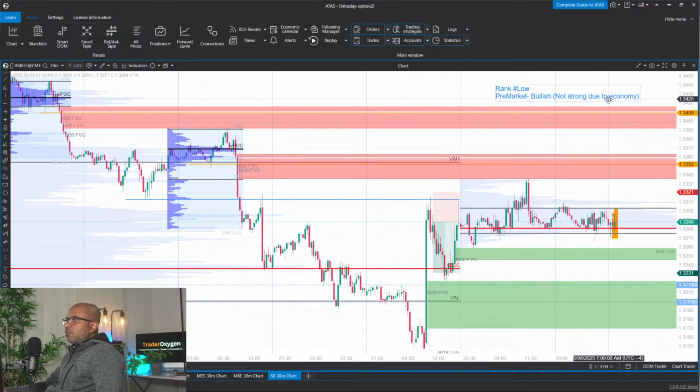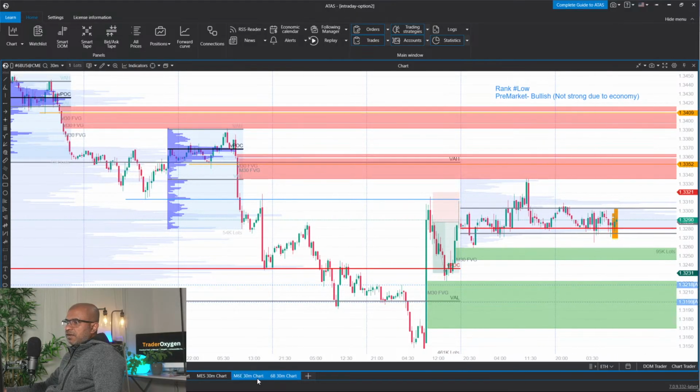That is due to economic reasons related to the GBP currency. Because of possible rate cuts and certain economic indicators related to GBP, even though it's bullish, it's not very strongly bullish, right? So that is why you can see, even though it's bullish, still it's mainly ranging in this area.